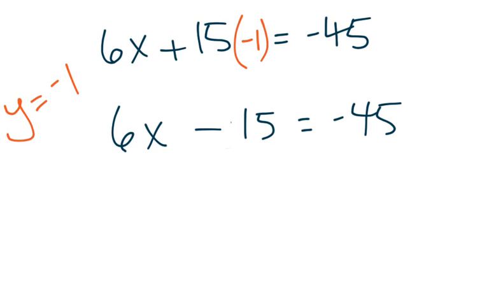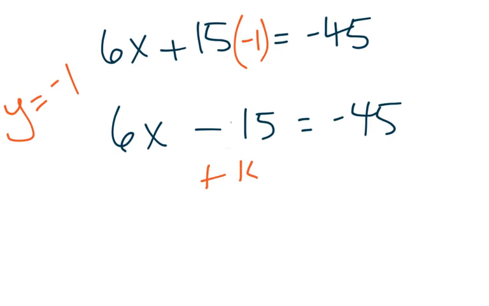Sometimes it's easier if you do plus a negative, but notice this, plus a negative is the same thing as minus a positive. So you can switch those around and it's fine. So in this case, minus the positive I think is easier. So we're going to use that one.